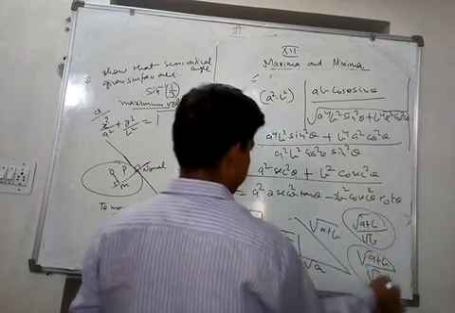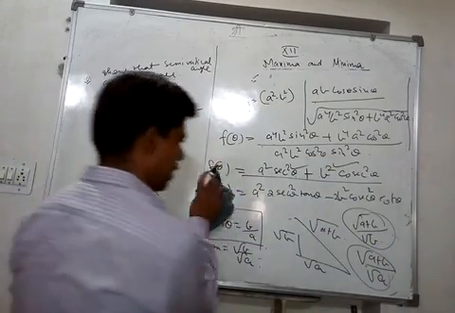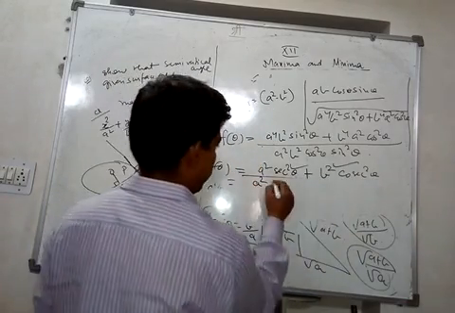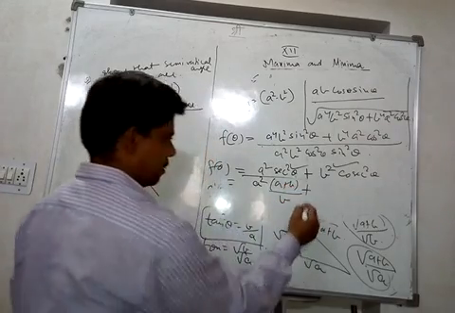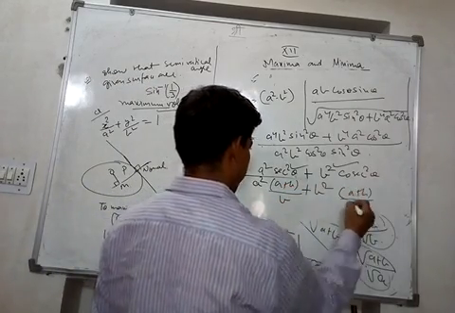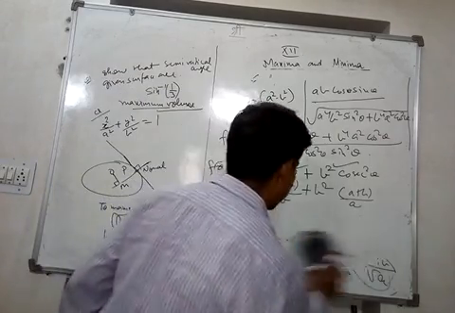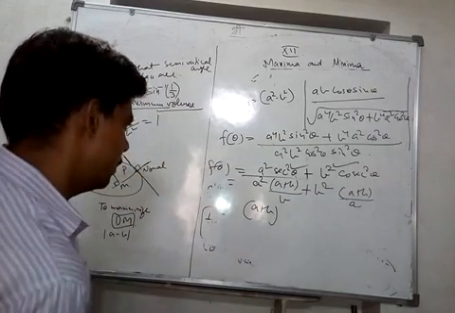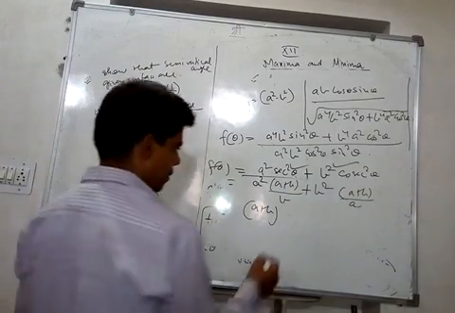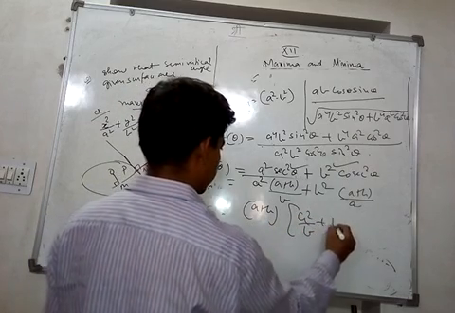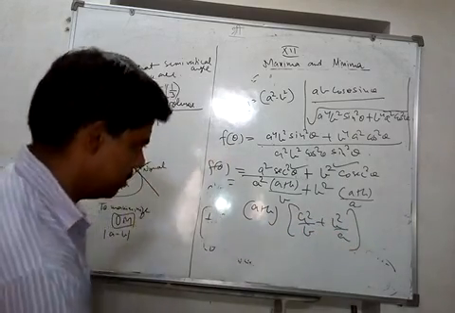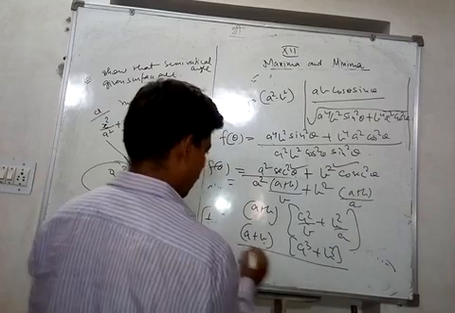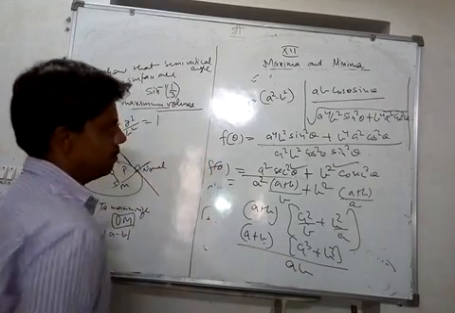We can square this and put it here, so the minimum value of f theta will be a² sec² theta, which is a plus b upon b, plus b² times a plus b upon a. And we can just take a plus b common, and here we can just write a² upon b plus b² upon a, this is a plus b, which is a³ plus b³ upon ab, right? So this is the minimum value.